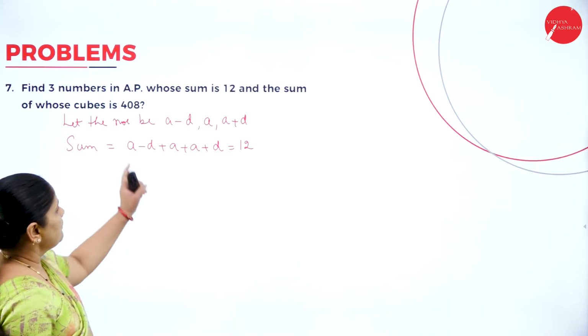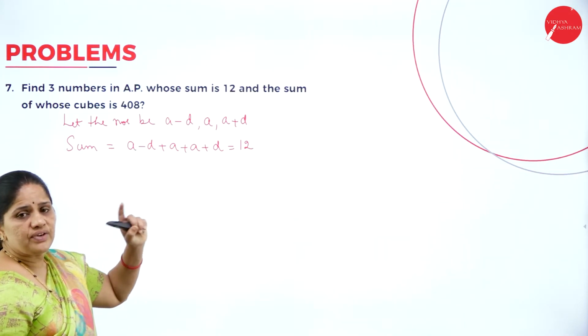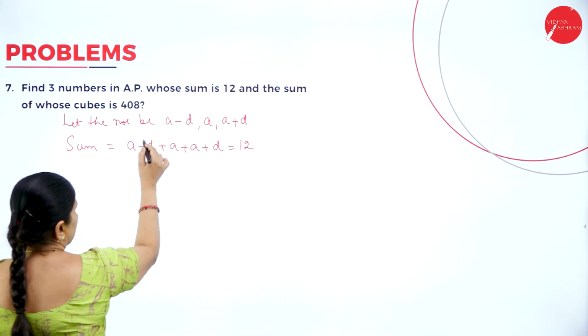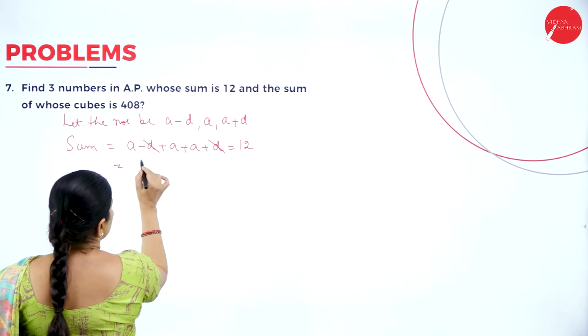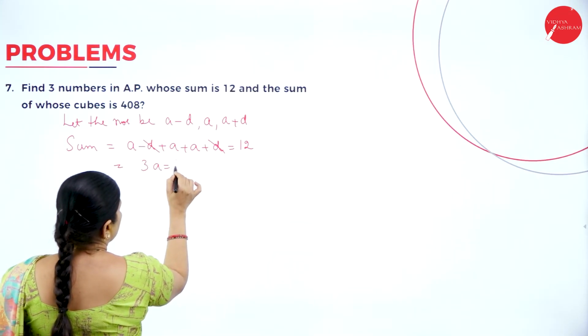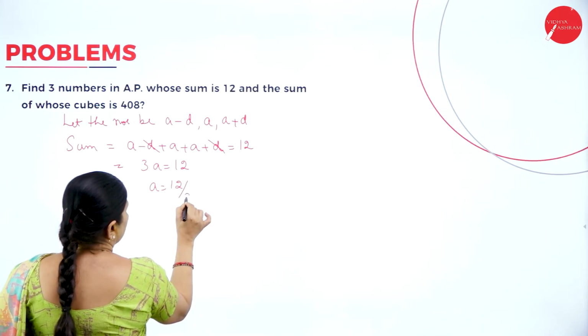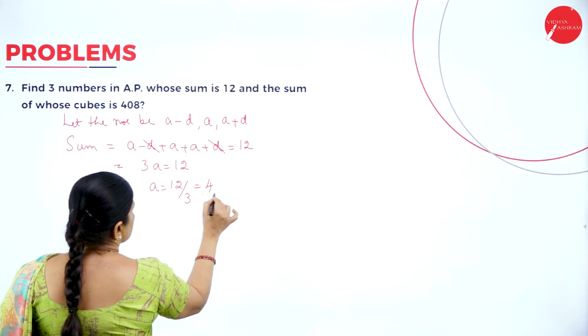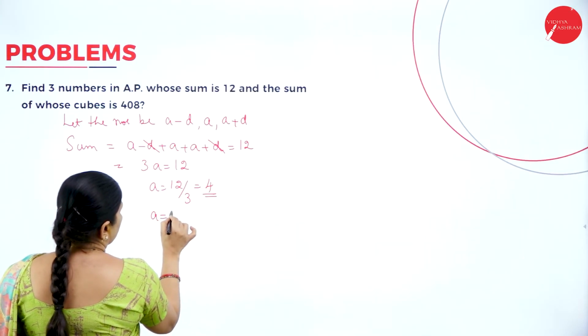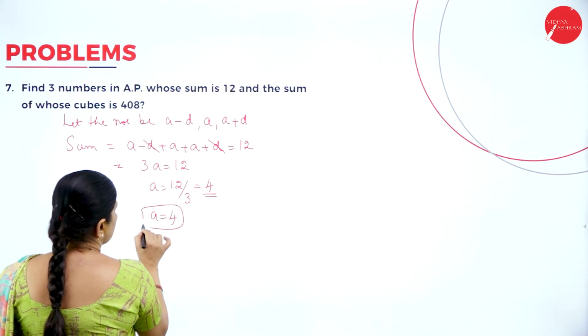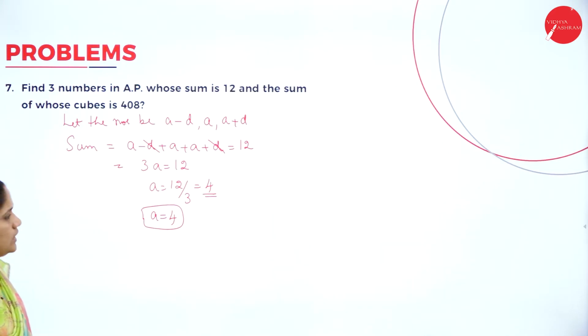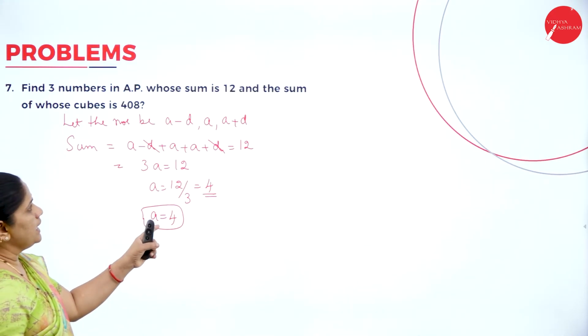So, they have told when we add all these numbers, we get 12. So, D and D get cancelled. So, 3A equals 12. A equals 12 by 3, that is equal to 4. A equals 4 is the answer. Okay. So, we know what is A here.